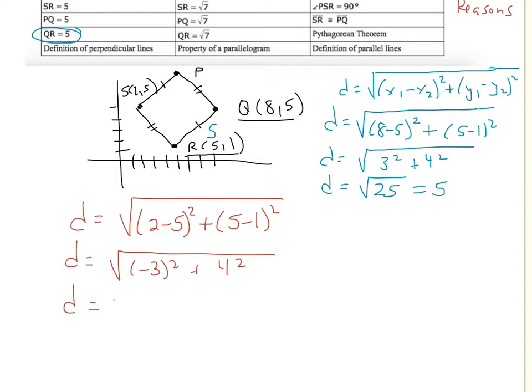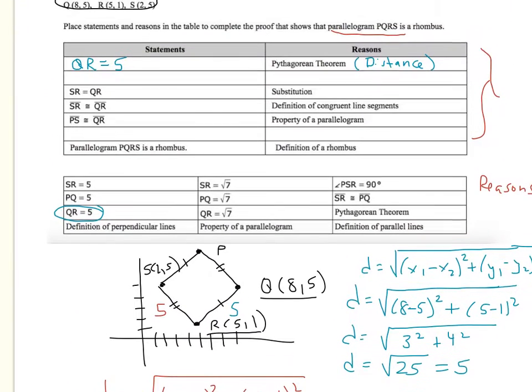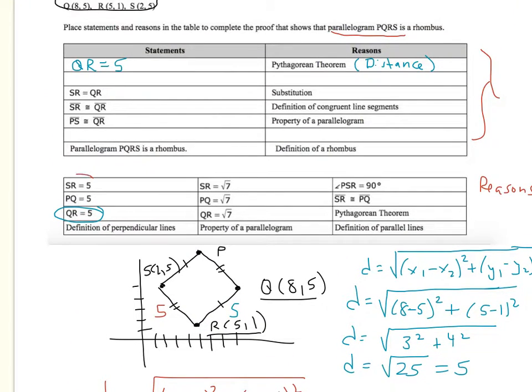That's 9 plus 16, so that's the square root of 25, which is also 5. So SR in our problem is also 5. So that's this reason here, and I'll put that up there. The reason we know SR is 5 is because of the distance formula, but that's not one of our reasons. So like we said, we'll use the Pythagorean Theorem as our reason, because it's the same thing.